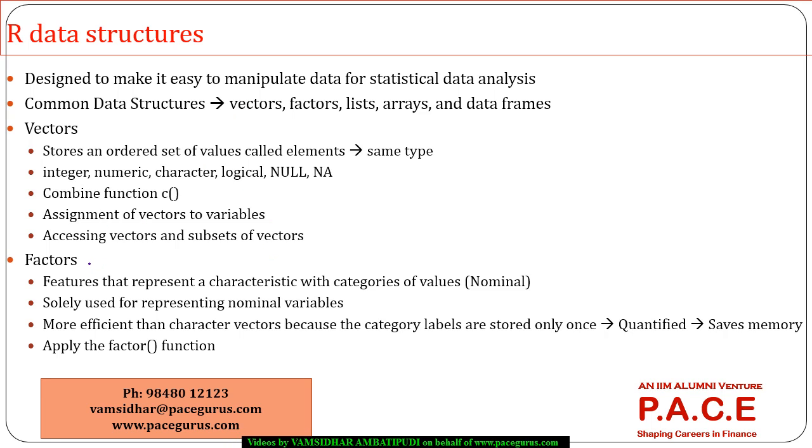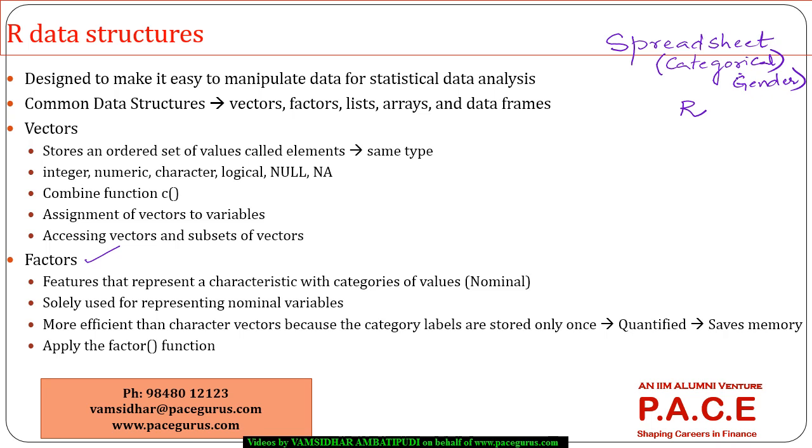Then the other important data structure that you need to be comfortable with is factors, especially when you are loading the data from a spreadsheet. Your data is there in a spreadsheet, you are getting it into R, and let's say one of the columns is a categorical variable or a character variable, let's say gender.